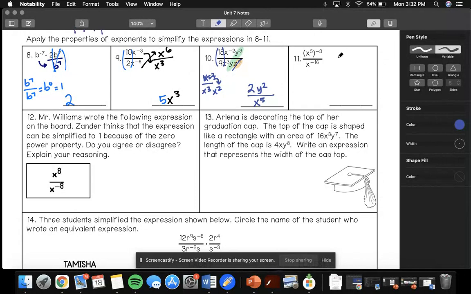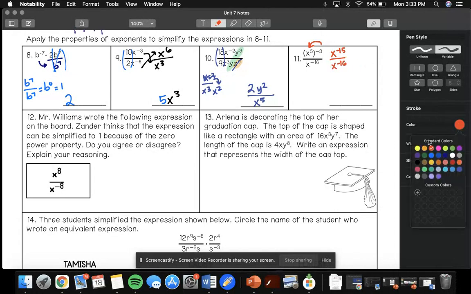All right. For this last problem, I am going to first get rid of these parentheses. So I have x to the 5th, and that's occurring negative 3 times. The first thing I'm going to do is distribute that. So 5 times negative 3 is negative 15.